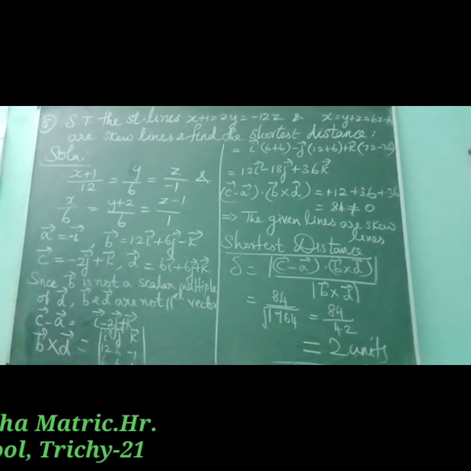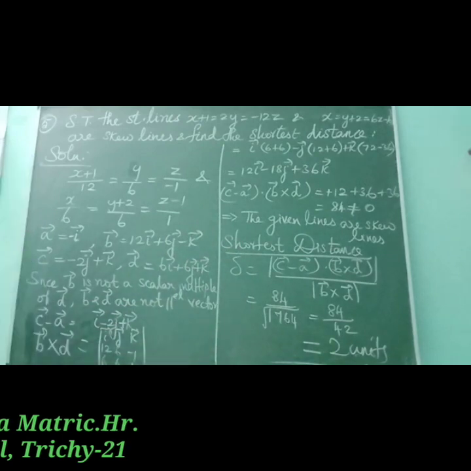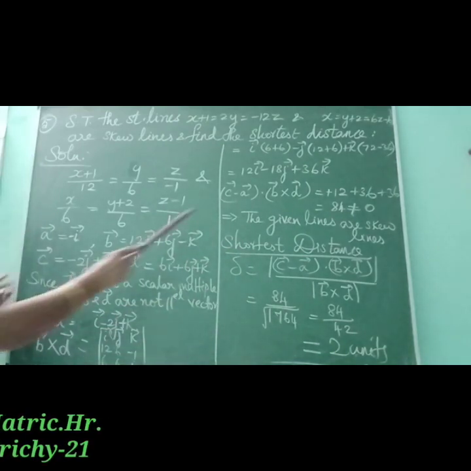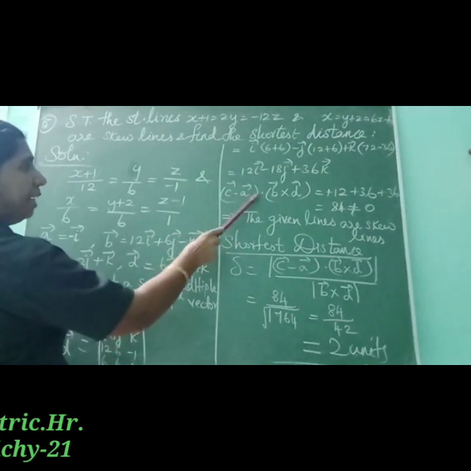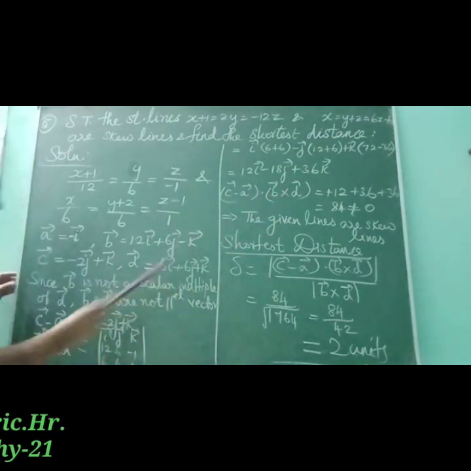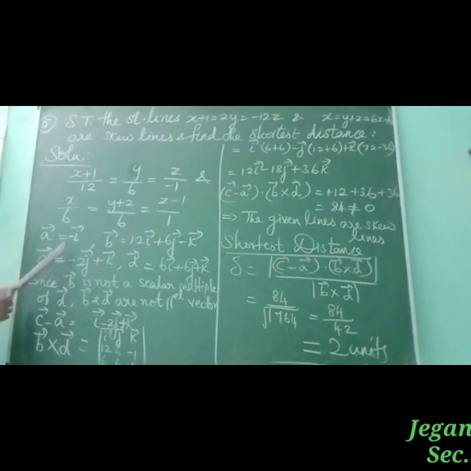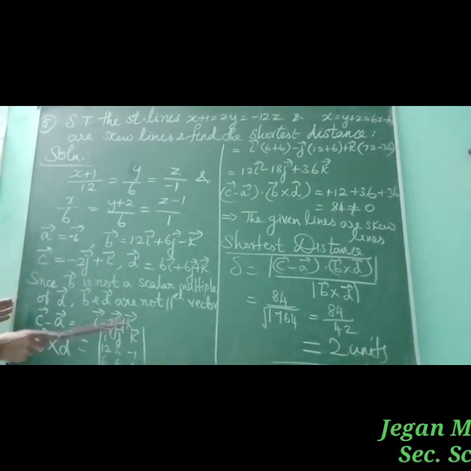Now we can prove the condition for skew lines. For the skew line condition, we have to find out the dot product of (c minus a) and (b cross d). So first we find the value of c minus a. Here no i is there, so c minus a means plus i, minus 2j plus k.